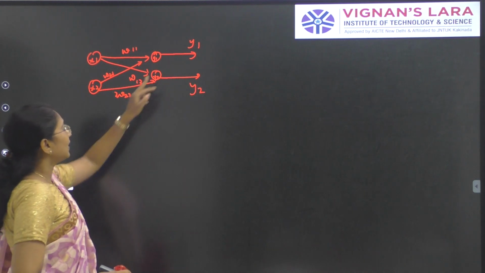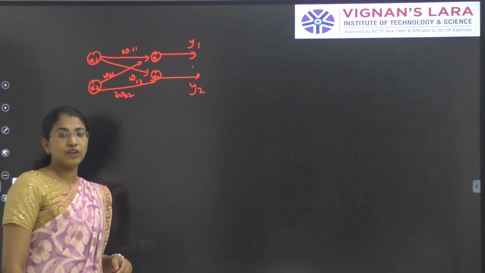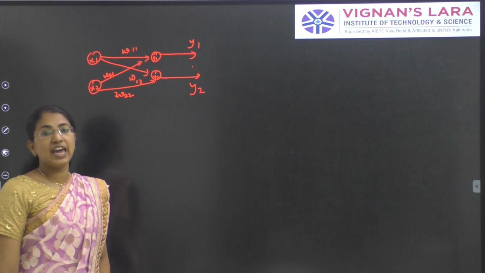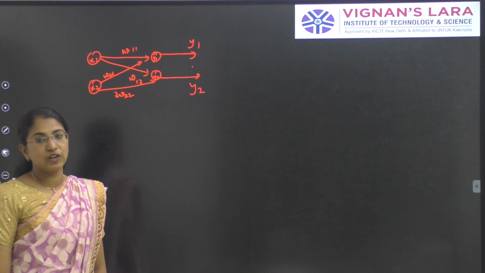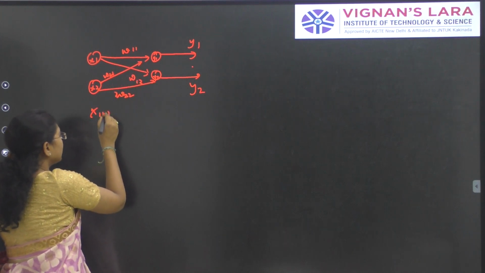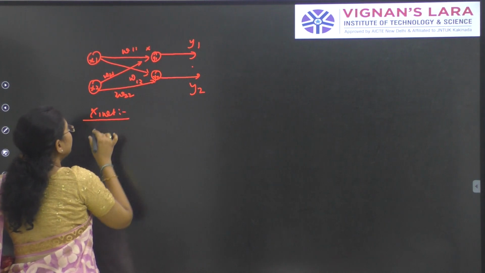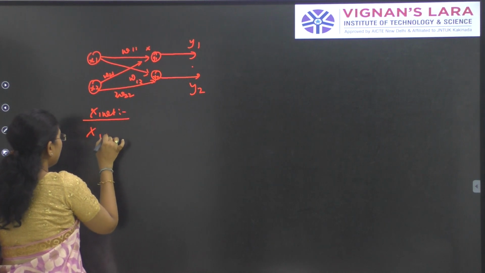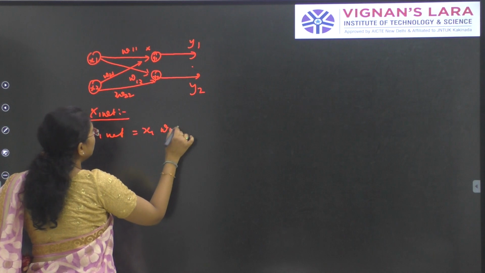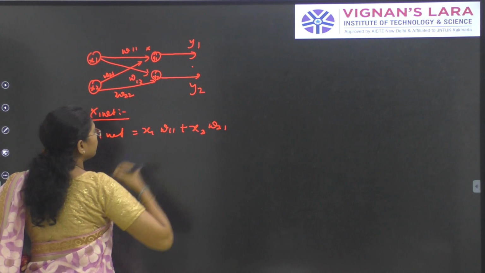So y1 is obtained by passing x1 net through the activation function, and y2 is obtained by passing x2 net through the activation function. First we need to calculate x1 net. What are the two inputs you are getting here? x1 net is equal to x1 w11 plus x2 w21.